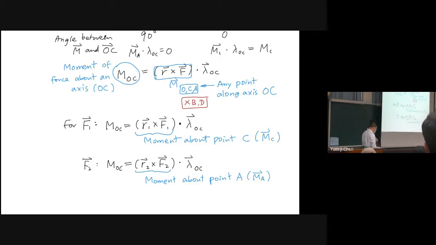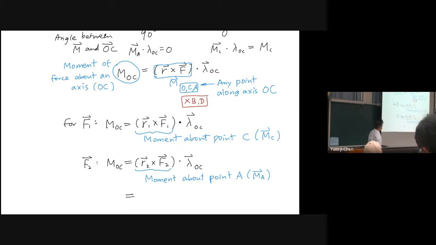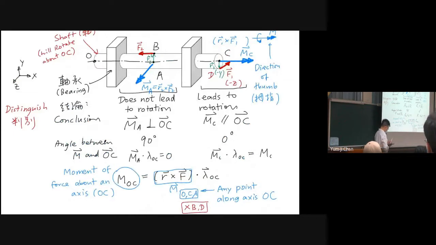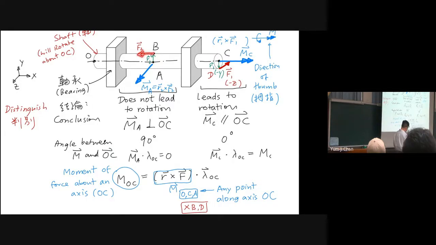Now, for the next question, for F2: of course, the most direct choice is to pick point A and then take the moment arm as R2. But for this F2, can we take this point as reference and take this as the moment arm, R B with respect to C?